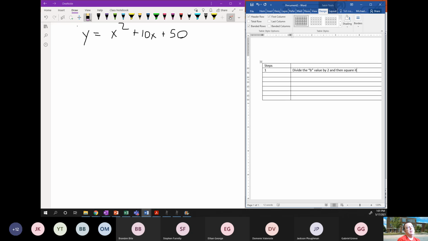Does that make sense, everyone? Divide the b value by 2, then square it. Does that make sense? Can you guys understand that wording? Or should I split it up into two steps?